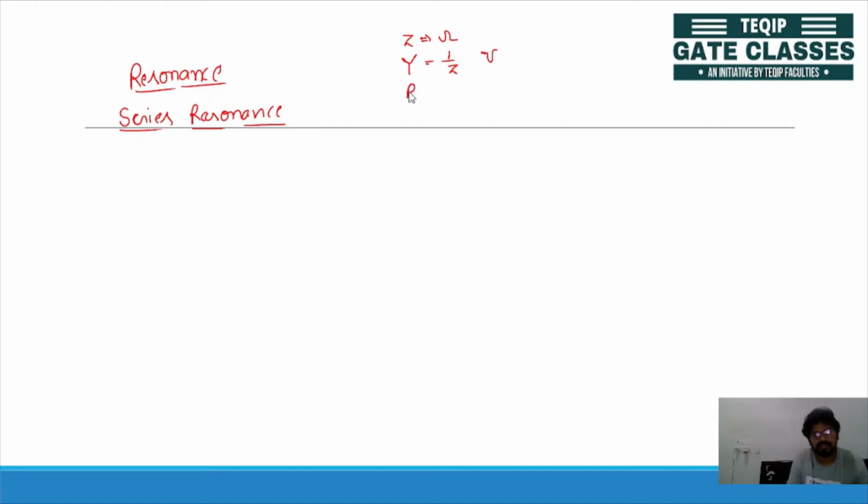Same way, the reciprocal of resistance, that is 1 by R, we call it conductance. Okay, the unit is same.